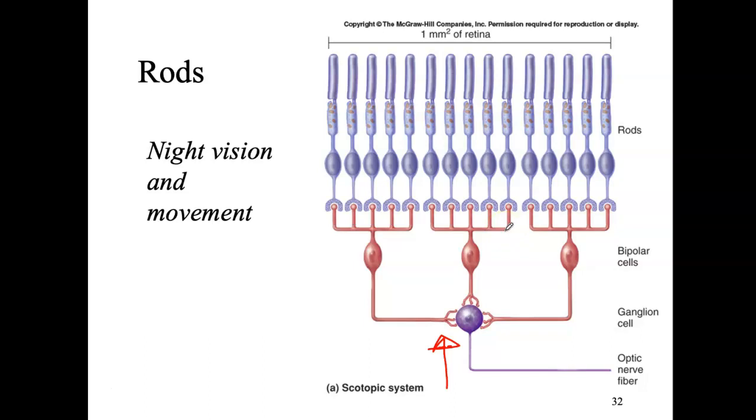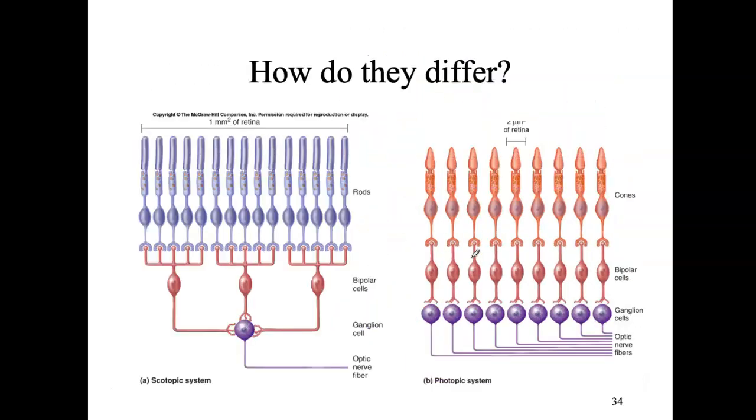There's so little light that it's going to need to actually unify and have all of these just logged onto one bipolar cell. It's a method of kind of grouping light together. And there you have them side by side.